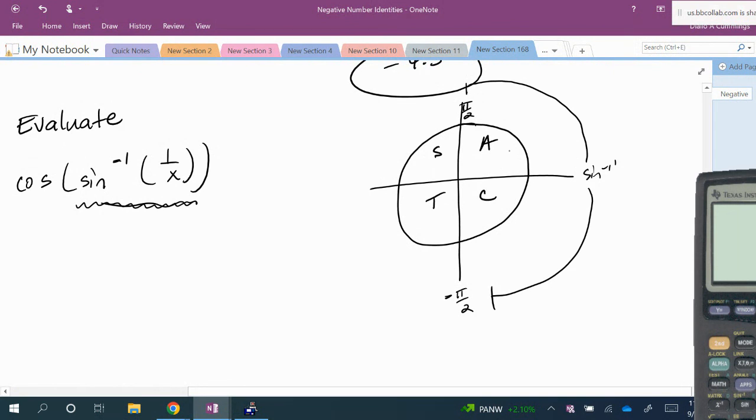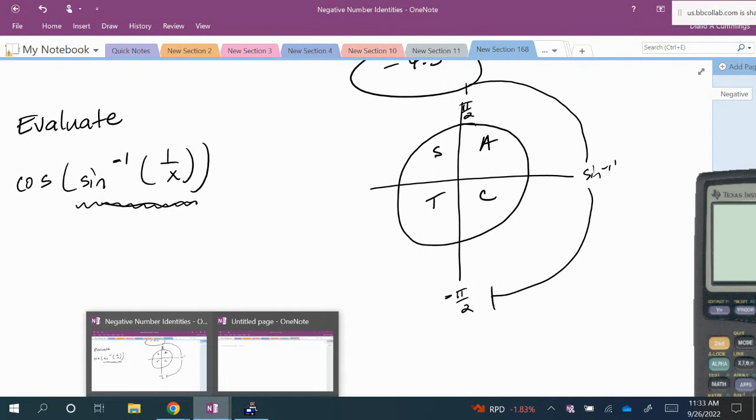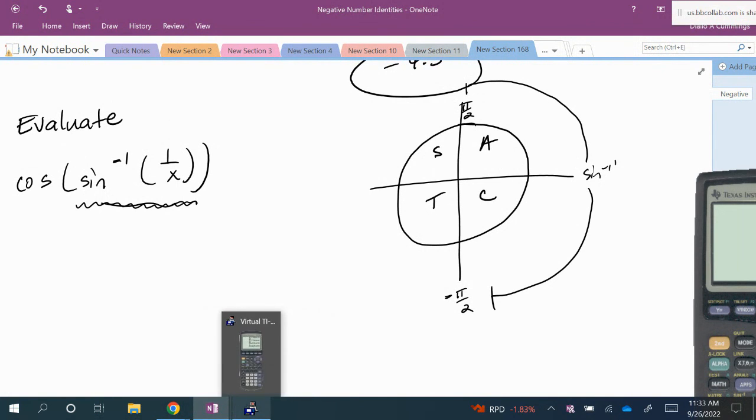If the arc sine is in the first quadrant, it has to be positive. And if the arc sine is in the fourth quadrant, it would have to be negative. So since our arc sine is positive, 1 over x, we know that it's in the first quadrant.